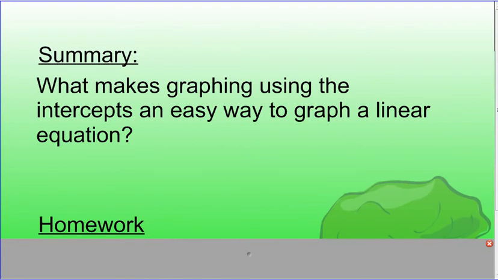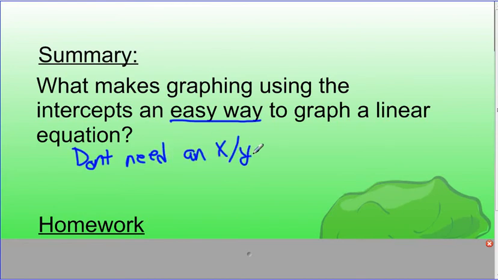But I would probably say something like, it's an easier way because you don't need to make an XY table. You don't need to solve the equation for y.